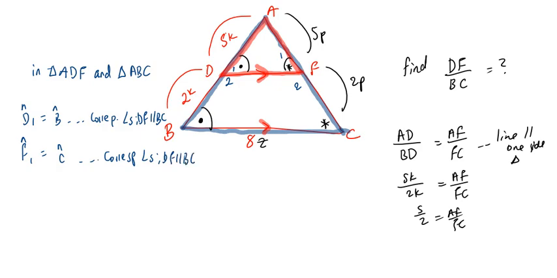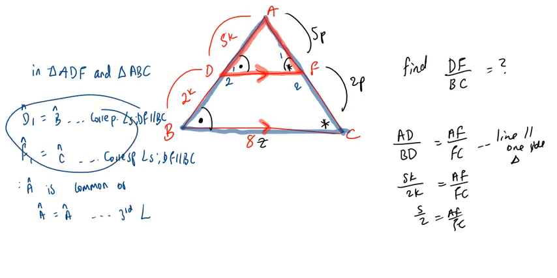And then angle A is common. Or we can simply say angle A is in ADF and it's also in ABC. You can say angle A is common, but it's a third angle. You don't have to even worry about it. Or you can just say angle A is equal to angle A, your reason being third angle, because you already proved two pairs are equal.